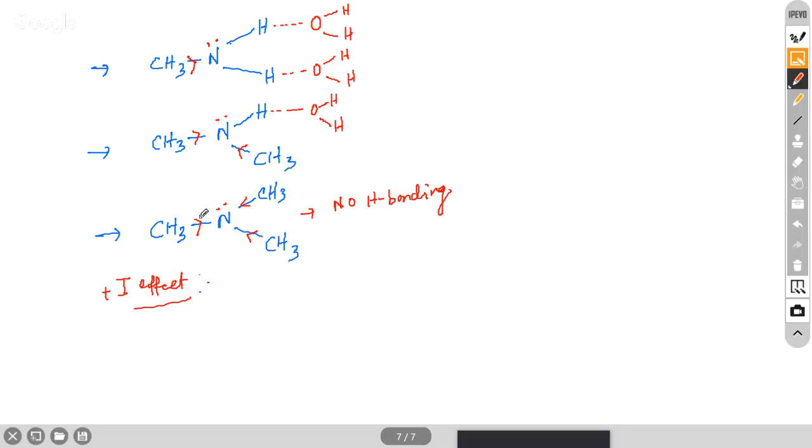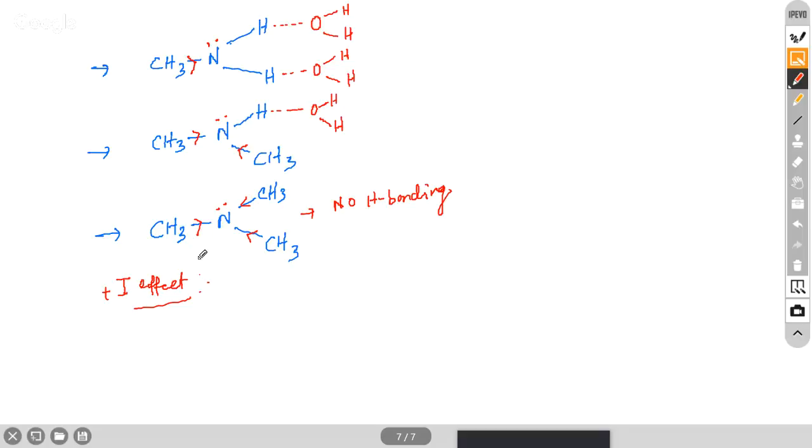Right? The first point, see, these two are contradictory points. Because of plus I nature, the electron density is increasing here and hence the tendency to donate lone pair should be more. Correct? So if you see only plus I nature of this, the basicity should increase. But at the same time, when the plus I nature is increasing or alkyl group is increasing, what happens?